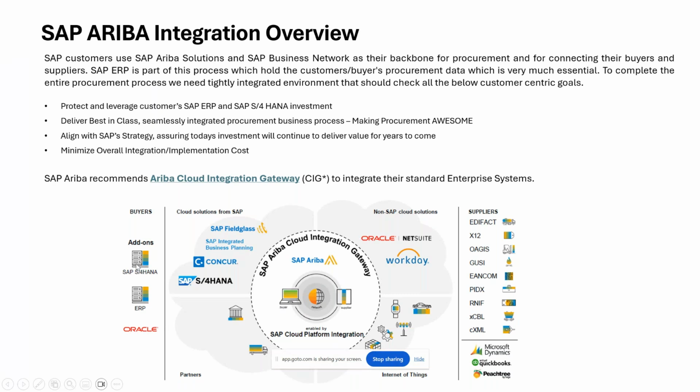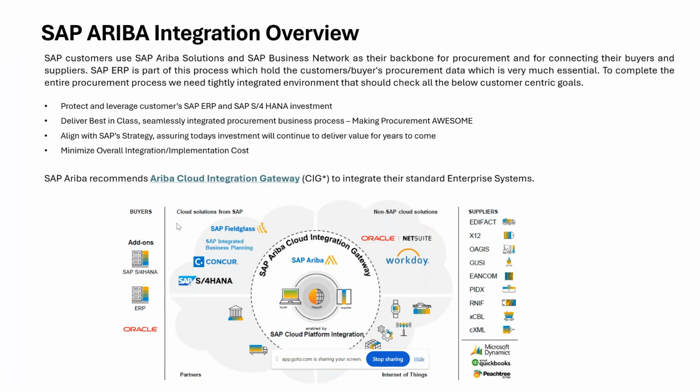Not just ERPs, there can be many scenarios where Ariba needs to be integrated with third party solutions or systems. That's a different topic altogether, but currently we want to stick with Ariba CIG. Ariba CIG comes into the picture when customers have SAP ERPs in their landscape, whether ECC, S4HANA, private cloud, public cloud, anything.